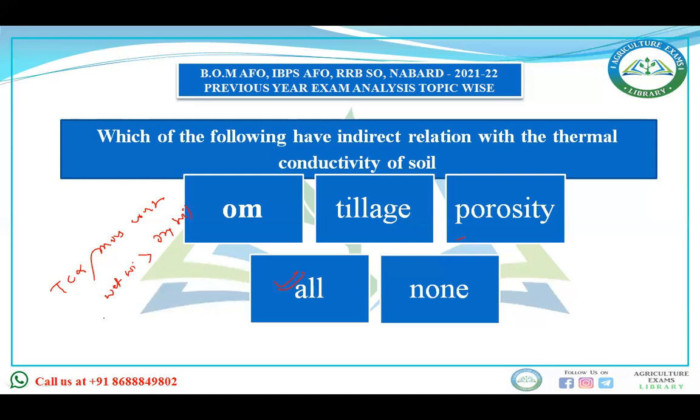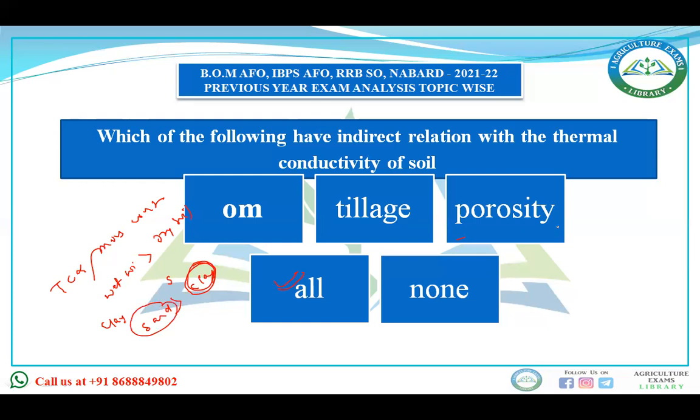If you see clay soil or sandy soil, sandy soil has more thermal conductivity than clay soil. The reason is that porosity is greater in clay soil than sandy soil. Sandy soil has less porosity, which means it will have higher thermal conductivity.